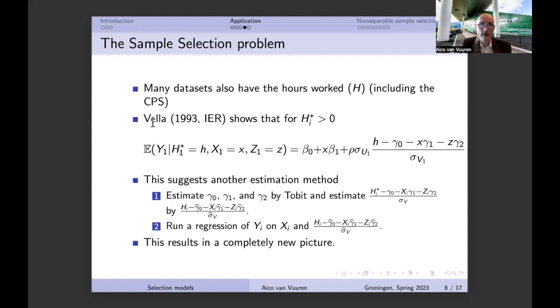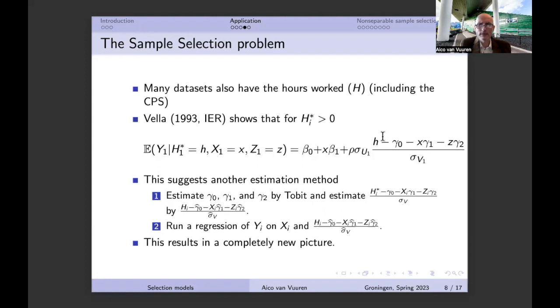And Vella, in the International Economic Review in 1993, shows that when H1 star is larger than 0, then we can look at the mean of Y1, conditional on H1 equal to H. We can rewrite the H1 star, but we can also see this as H, the number of working hours itself, and also conditional on X1 equal to X and Z1 equal to Z. That is again equal to beta 0 plus X times beta 1 plus rho sigma U multiplied by this term that we have over here.